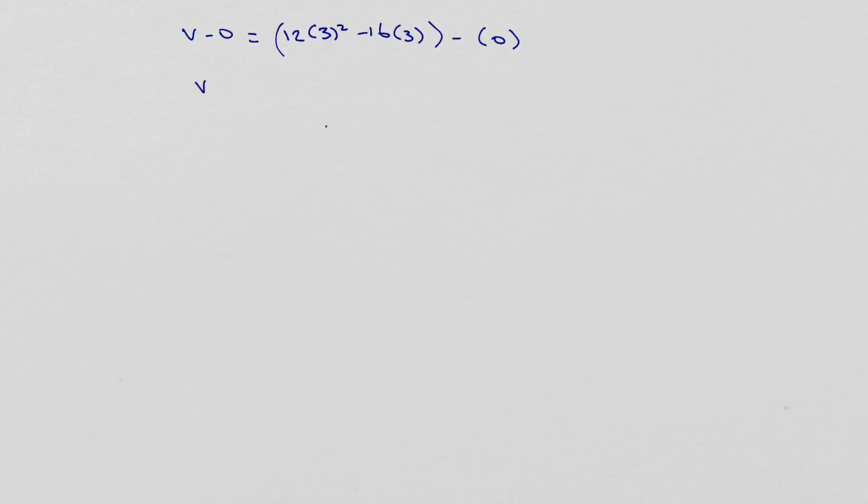So therefore my velocity when the time is 3 seconds is 60 meters per second. We were only getting 5 marks for that part of the question. So we then have to also find the distance.